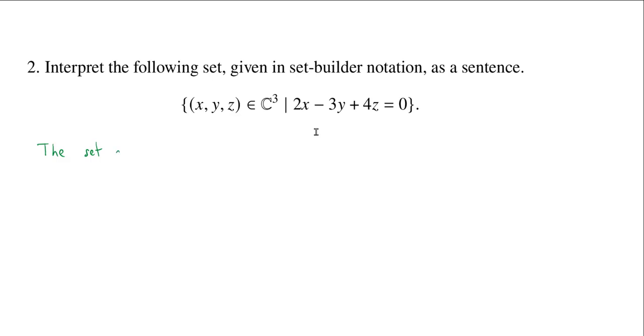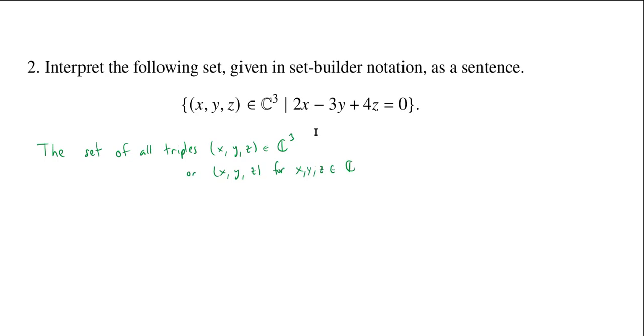So this is the set of all triples. And looking ahead, it's probably good to give a name to one of these triples, x, y, z. I could write in C3, or I could write triples x, y, z for x, y, and z in C. Either one of those would be okay.